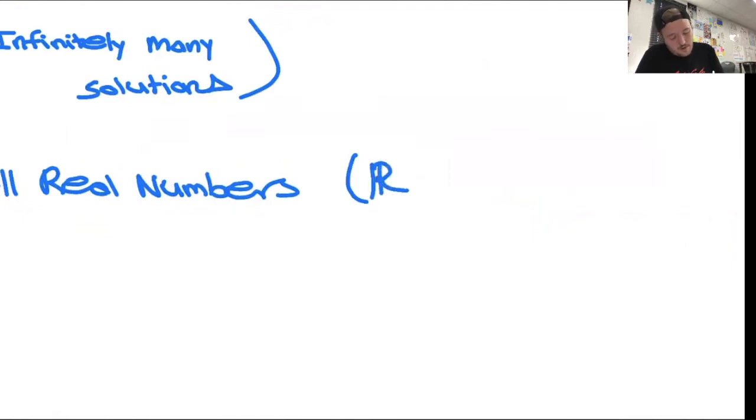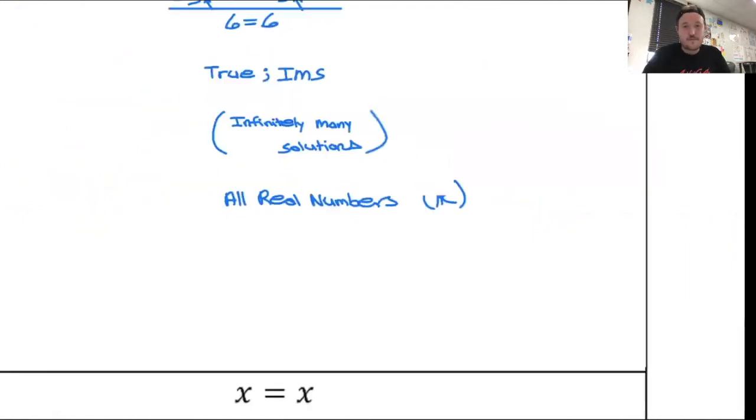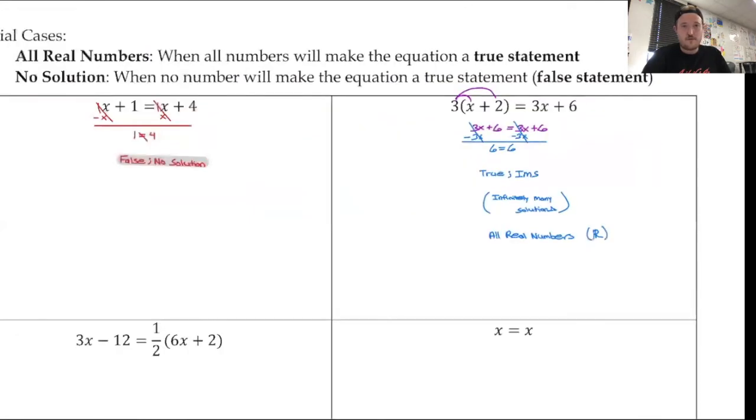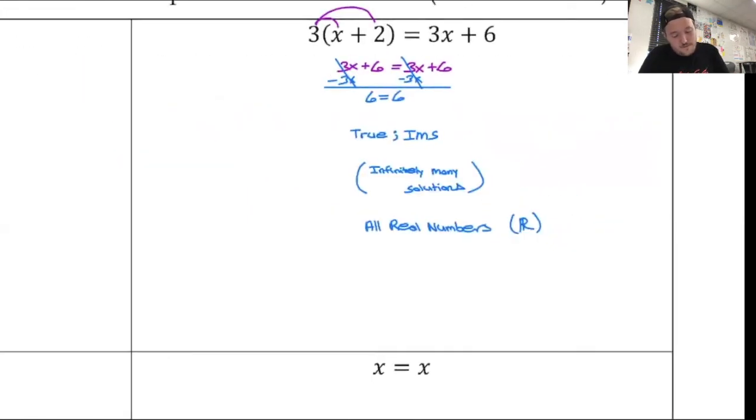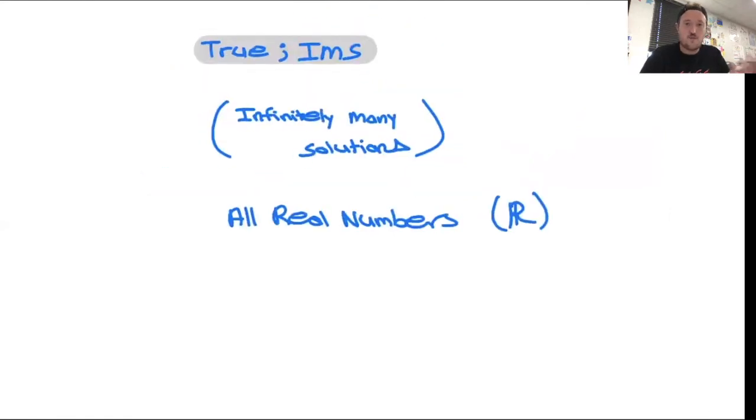It looks like a capital R, but with an extra line through it. So there's so many different ways that you could show it, but true, IMS. That's what we're going to be looking for on the homework if you do come across one like this. But any of these other answers would also be acceptable.